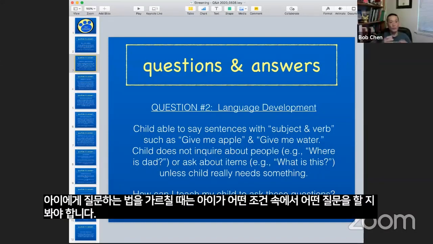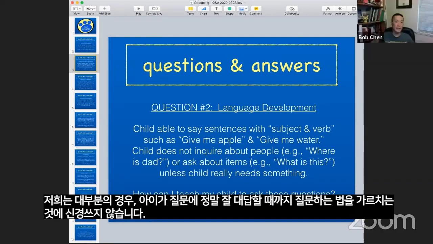So when we're looking at asking the child to ask questions, what we're looking at is the conditions under which they would ask these questions. Now, most of the time, we don't even bother with this level until the child's really good about answering questions.